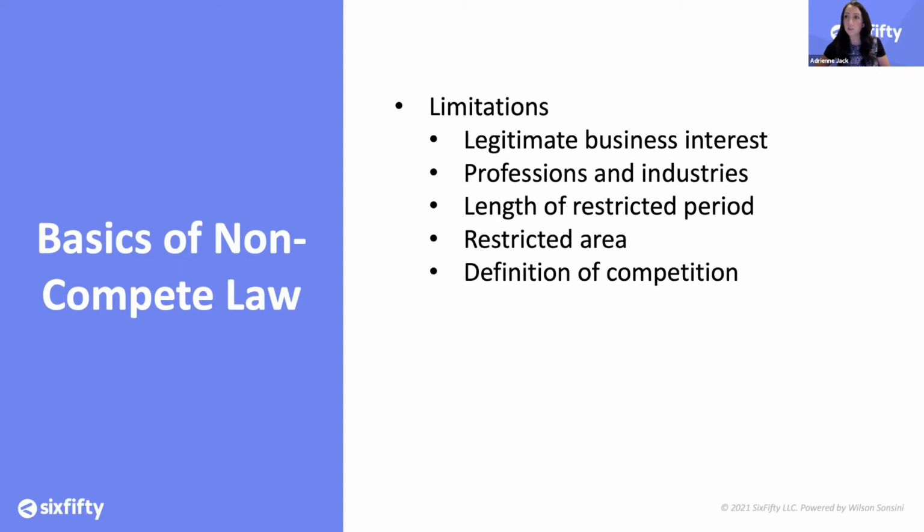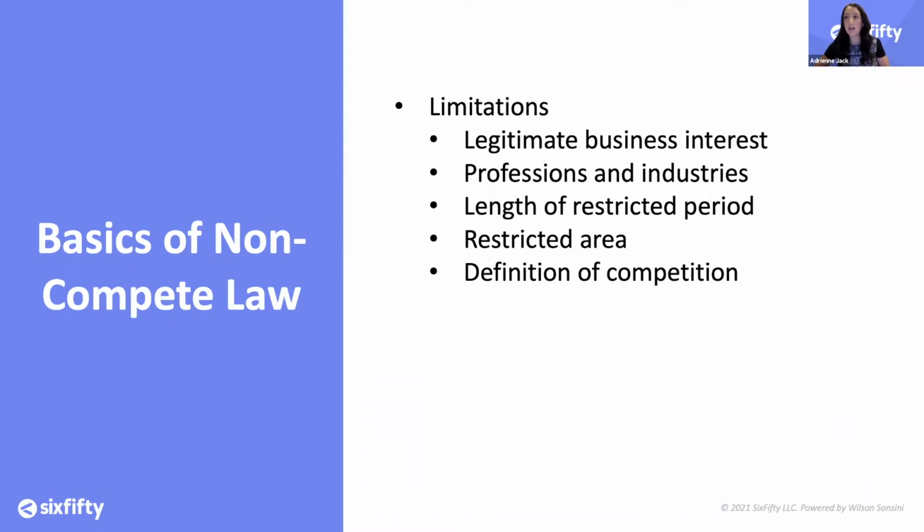For example, in Georgia, a restricted period of 2 years or less is presumed to be reasonable for a non-compete agreement. And in Florida, a restricted period of 6 months is presumed to be reasonable for a restrictive covenant. However, this presumption can be rebutted based on the particular facts of a case.